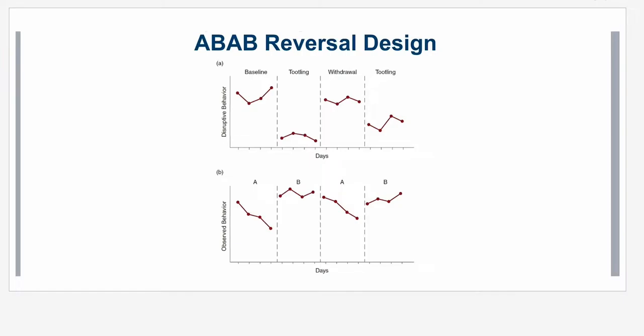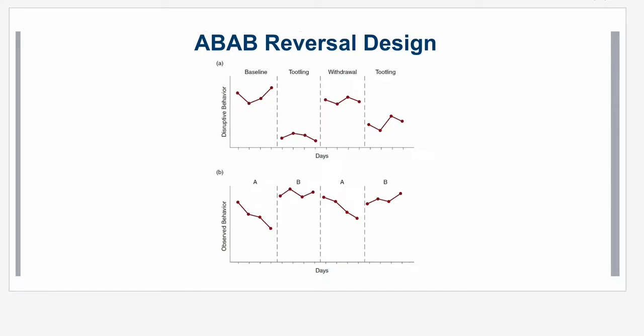Now, the bottom graph, B, is giving you an example of a trend. Instead of level, it's a stable trend initially in that baseline behavior. So whatever this behavior is, obviously this is a different example, it is heading down anyway, right?